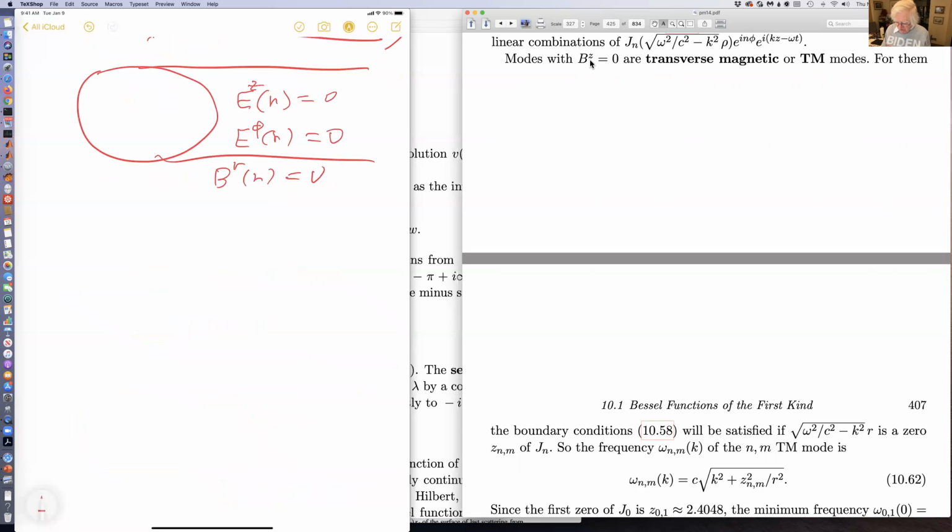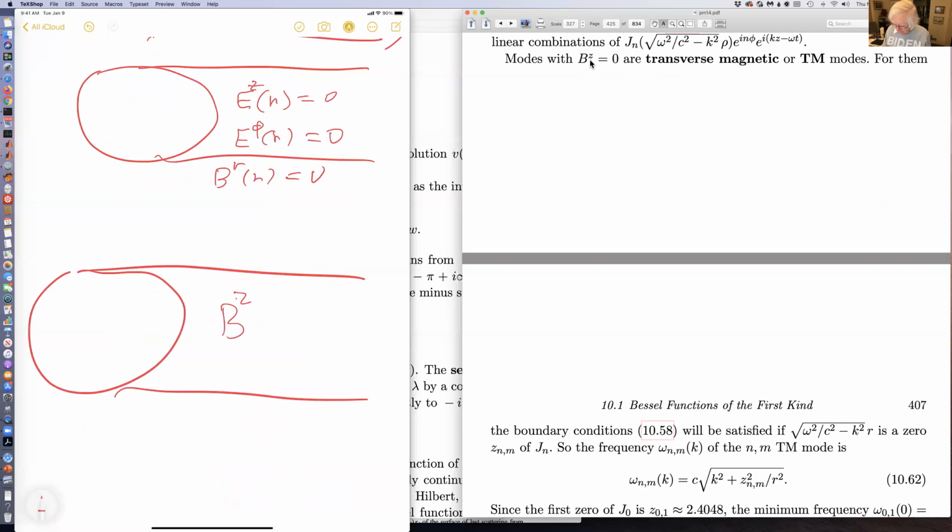So here's the waveguide. We're saying that in here, BZ, which is the magnetic field in the Z direction, vanishes.